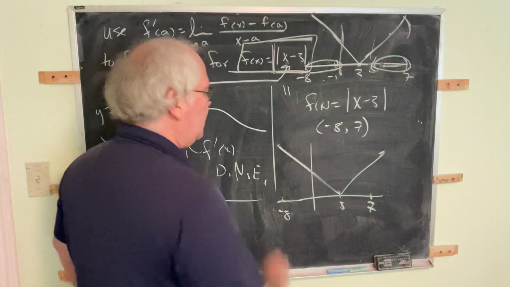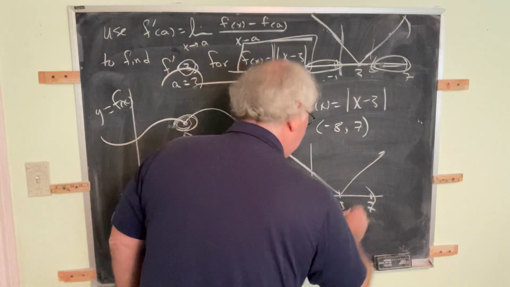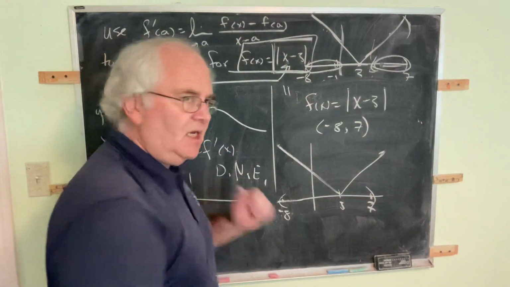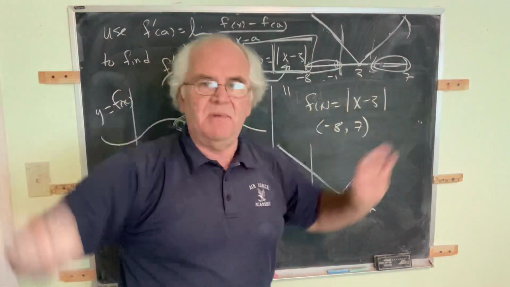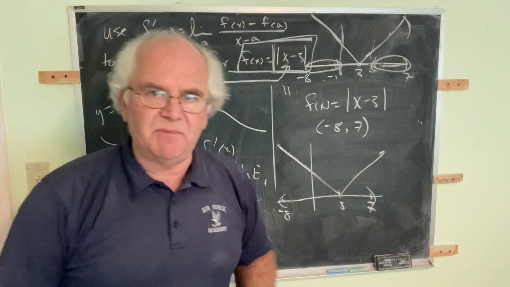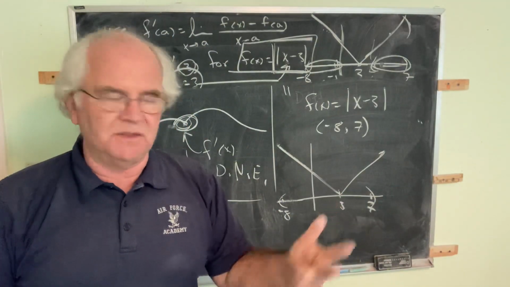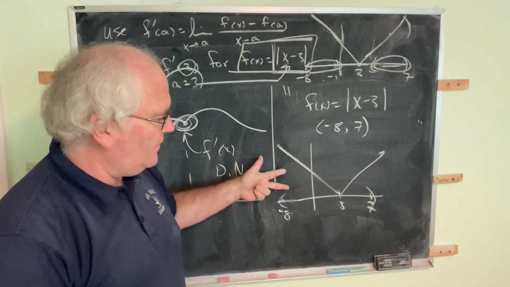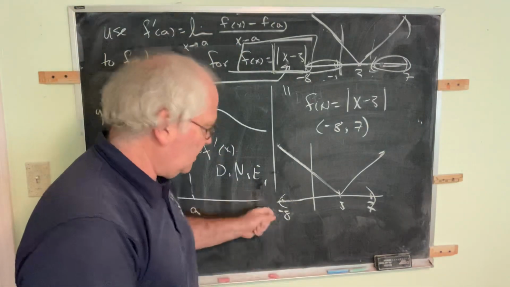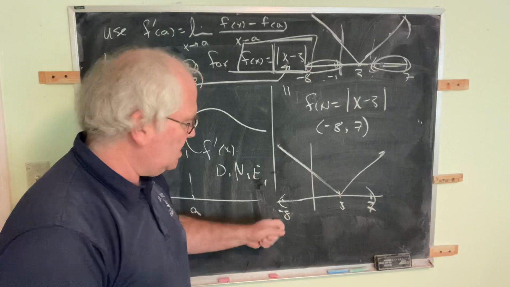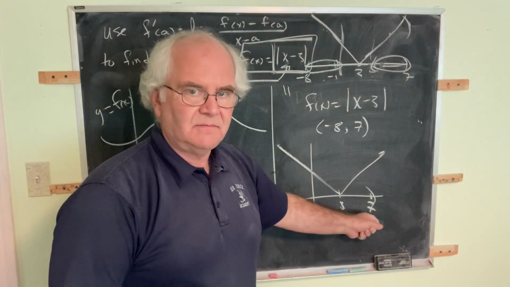Is this function continuous on the interval? Continuous means between -8 and 7. Outside there, I don't care. But between -8 and 7, continuous means no holes, no jumps, no vertical asymptotes. Are there any holes, jumps, or vertical asymptotes between -8 and 7? No, there are not. This function is continuous from -8 to 7.